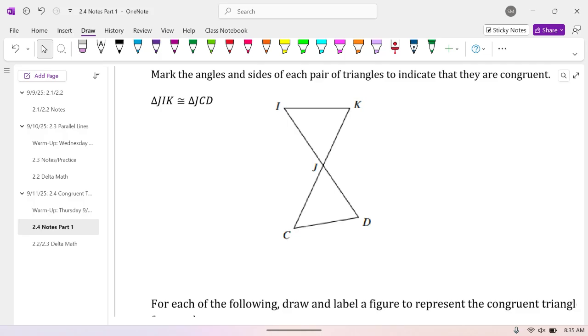That kind of tells you what corresponds with what. So let's look at the angles first. Someone raise your hand and tell me two angles that correspond with each other. Danny. K and D. All right, you're in the same spot as each other, so we're assuming K is congruent to D.